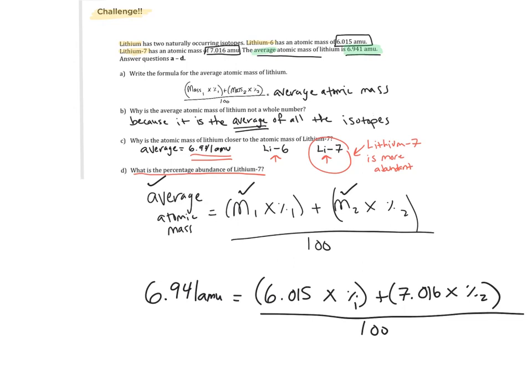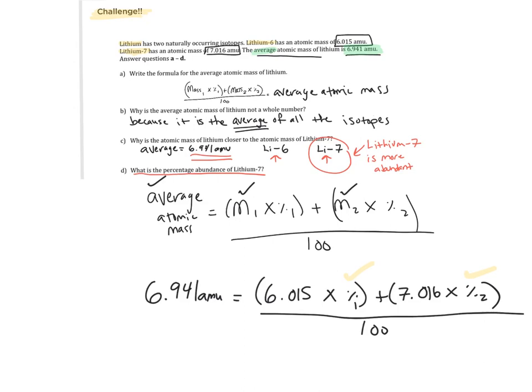Now we don't have percent 1 and we don't have percent 2. So we need to make them x. But we can't make both of them x, because they would be the same number.